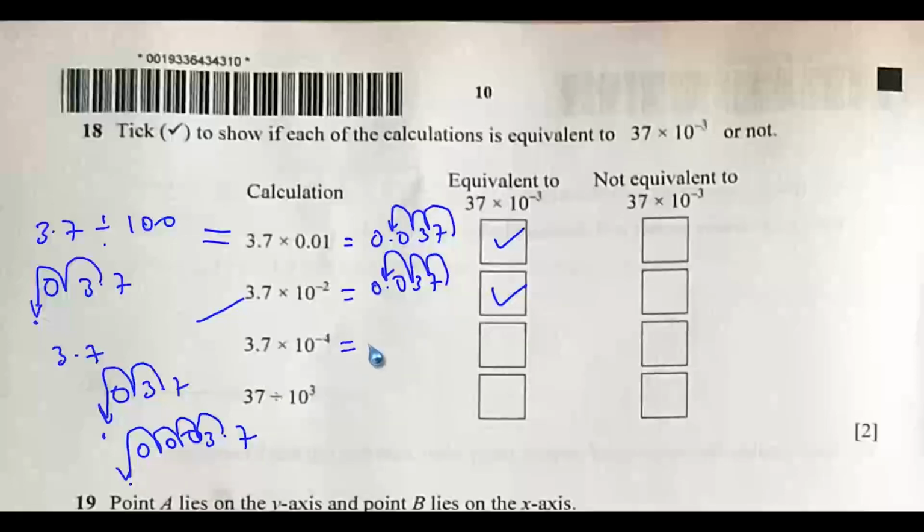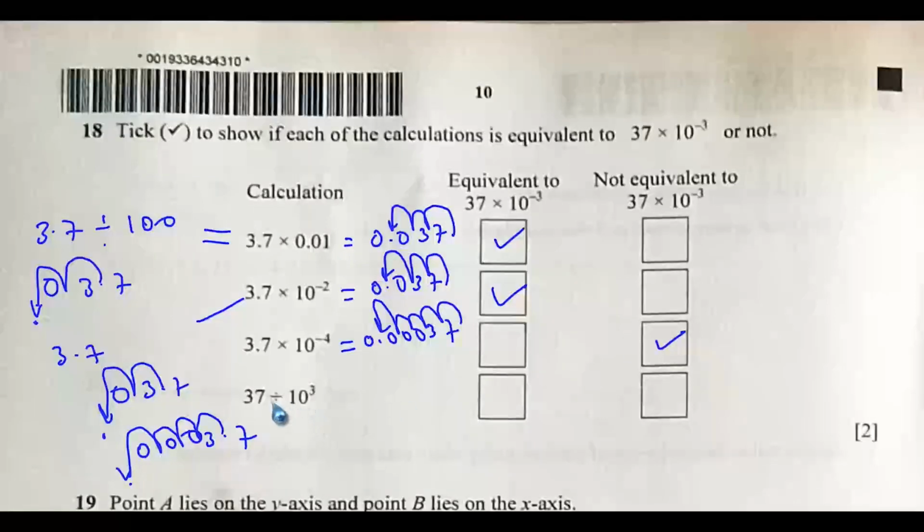So this will be equivalent to 0.00037. So if you want to write this in this form, that means you start from here. 1, 2, 3, 4 and 5. So this will be 37 times 10 to the power of negative 5, which is not equivalent. So we check this one.